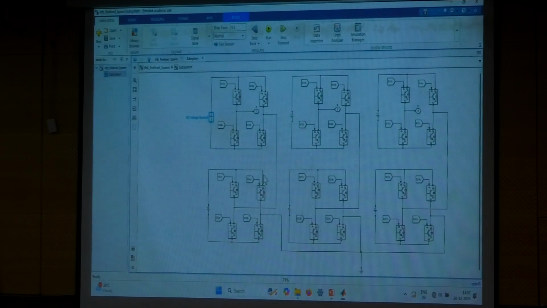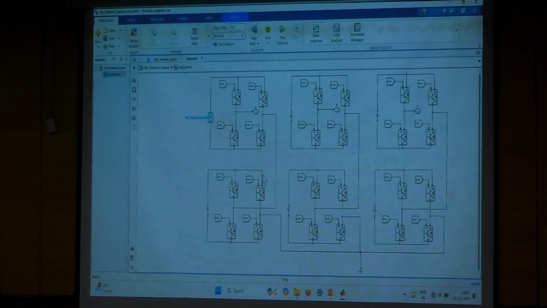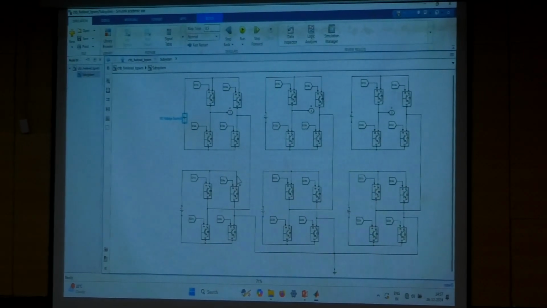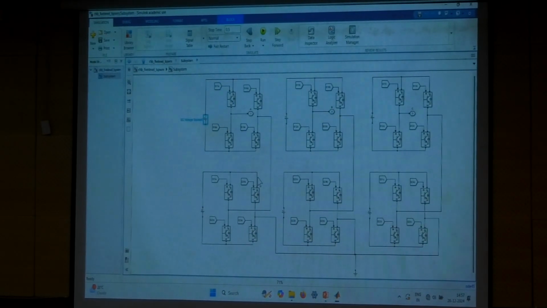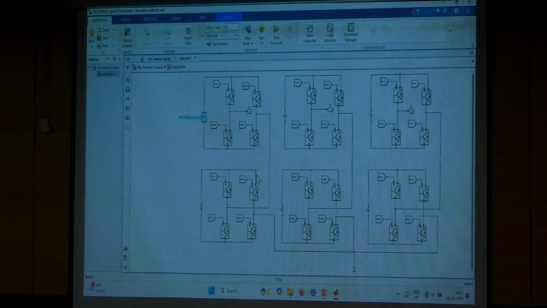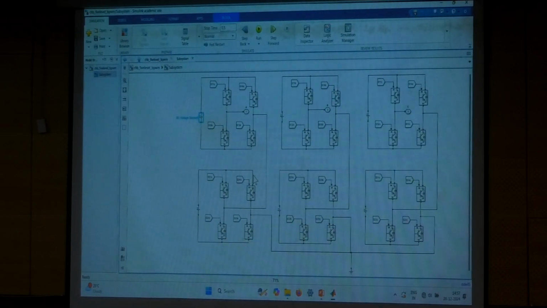But the real problem or the real challenge will come when you are connected to the AC source and you have the capacitors, or when you connect some batteries or some PV, if you are integrating or controlling the active and reactive power. That will be the real challenge. So I constructed one cascade H bridge. How many levels is this? 5 level.